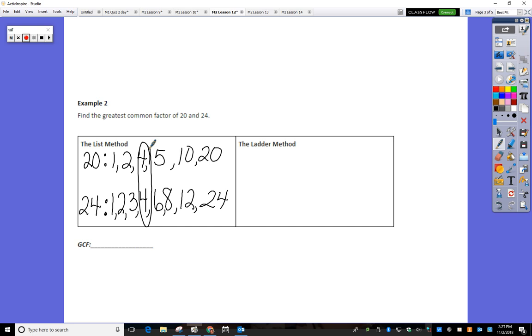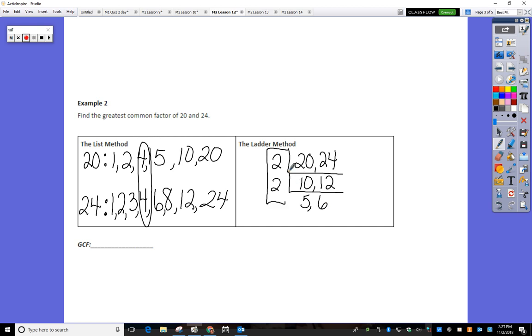Using our ladder method, 20 and 24, again, you can start with any number that goes into both of them. Let's say we chose to start with 2. 2 goes into 20 10 times. 2 goes into 24 12 times. 10 and 12 can both be divided by 2. 2 goes into 10 5 times. 2 goes into 12 6 times. 5 and 6 don't have a common factor besides 1.